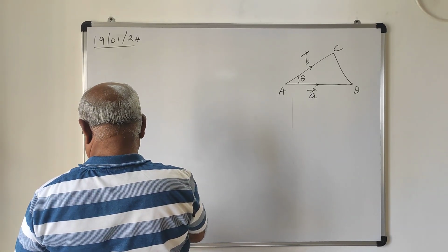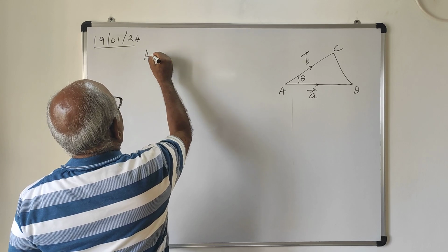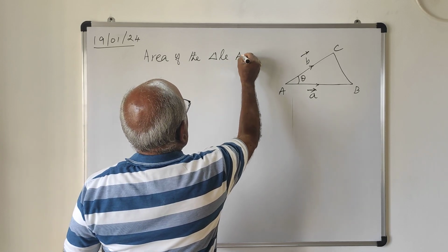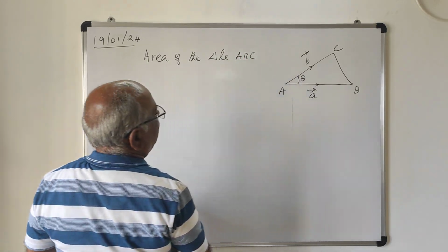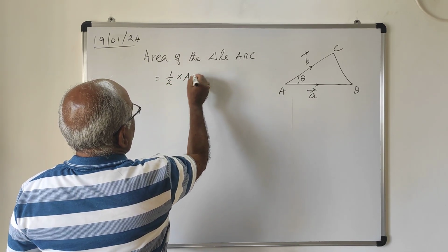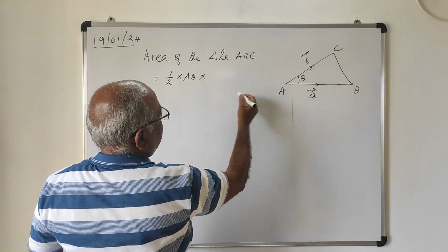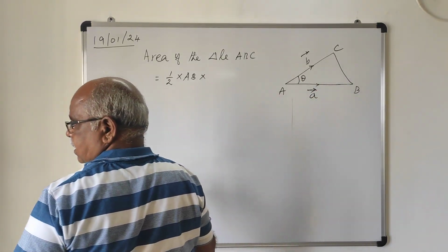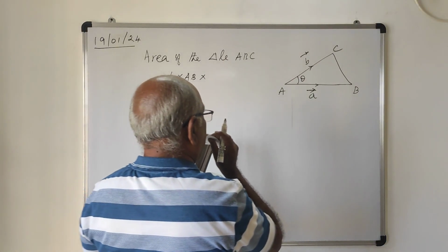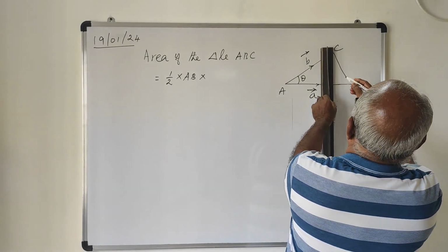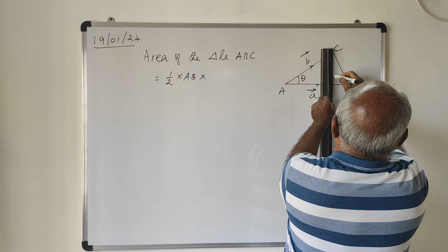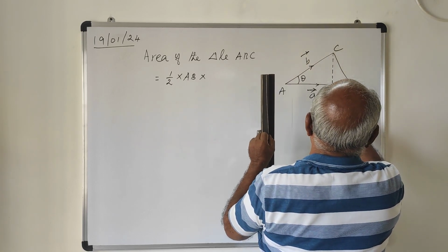Area of the triangle ABC, you know, is half base into height. Suppose you consider the height of the triangle to be CD.